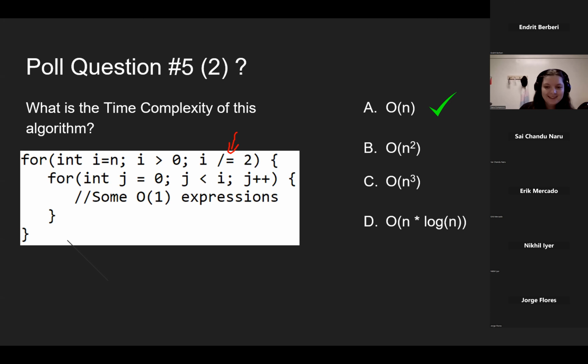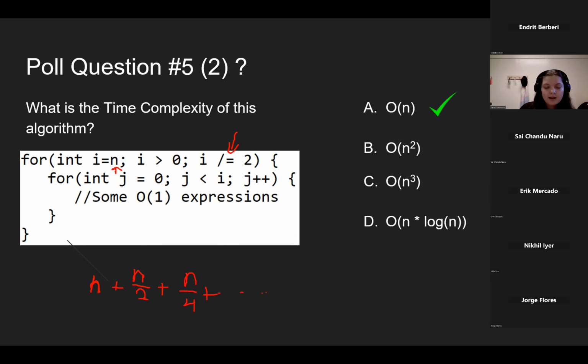So this time, the first iteration of the loop, we're gonna run the innermost loop n times because j is gonna go from 0 to n. And then we divide our i by 2. So the next iteration is going to be something like n over 2, right?